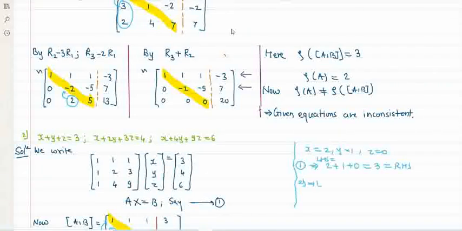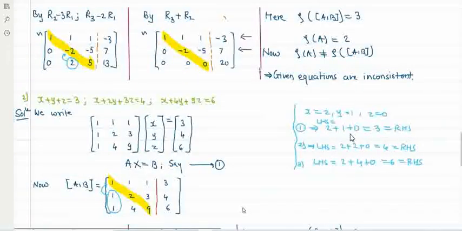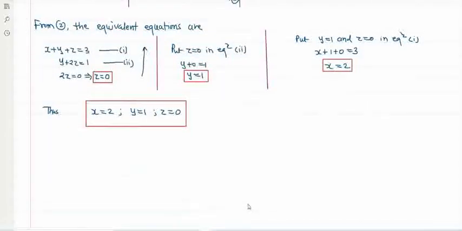Equation 2, LHS is 2 plus 2 into 1 plus 0, that is 4, that also equals the RHS. Second is also satisfied. Third one, x is 2 plus 4 into 1 plus 0 equals 6. So all equations are satisfied. You can conclude here that your answer is correct and you can share it for marks.